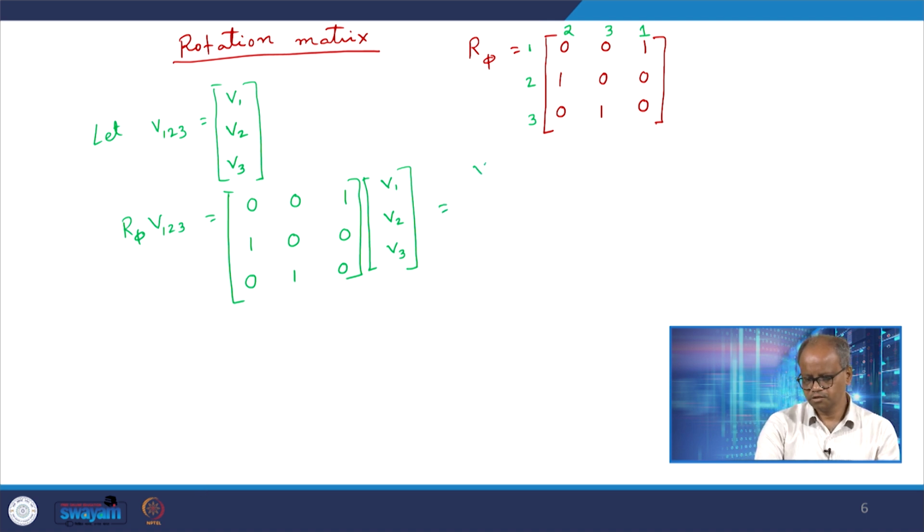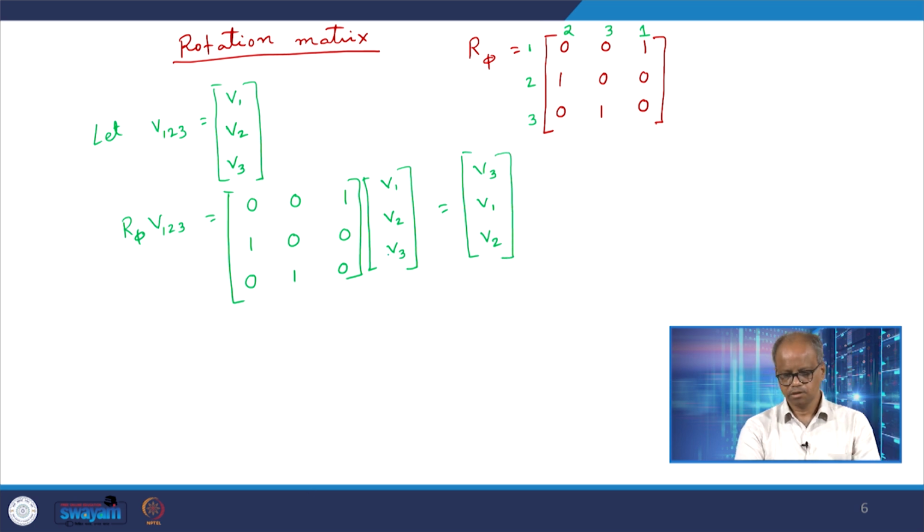It will be v3, then v1, then v2. So, you see the third row comes at the top, and then the first row comes to the second and the second row comes to the third.